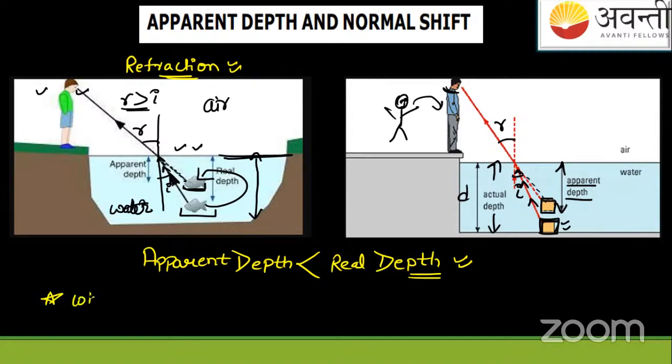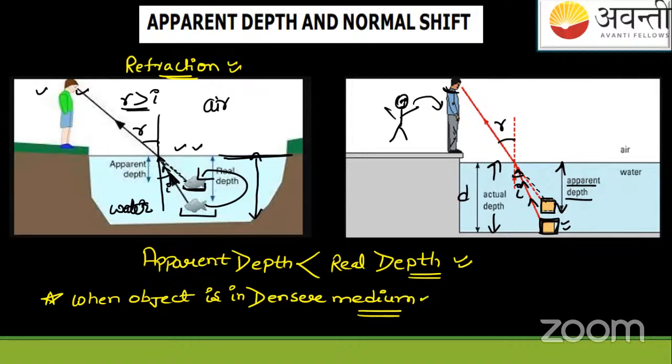When the object is in denser medium, and if you are observing that object, if the observer is in rarer medium, so we'll say if this is apparent depth, let me mark it with d dash.